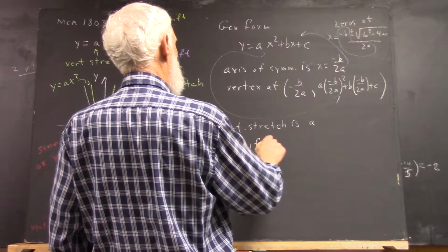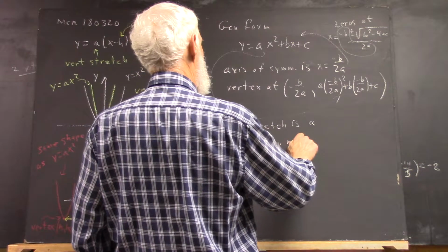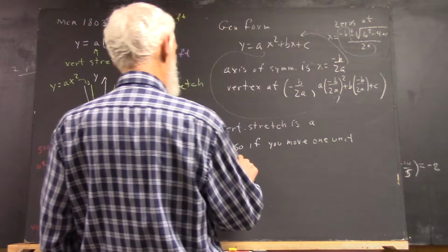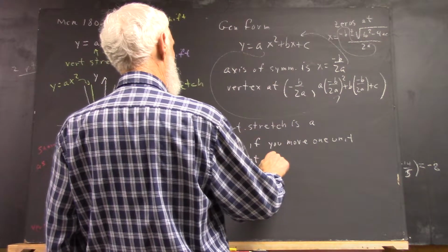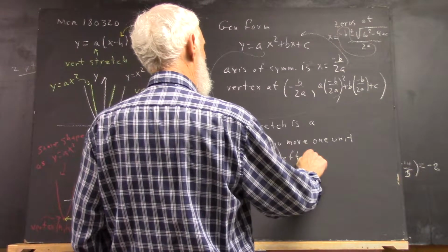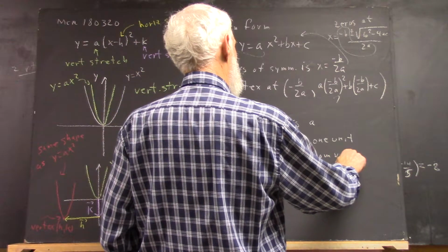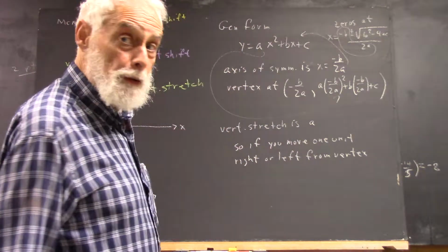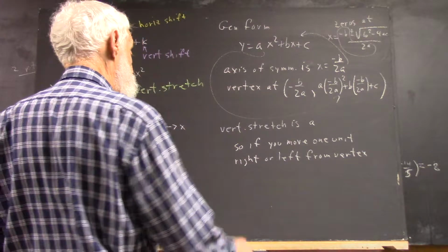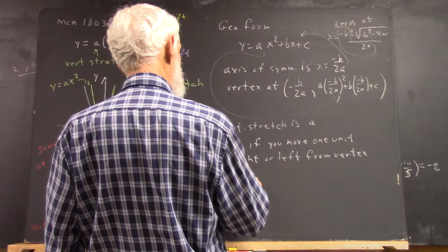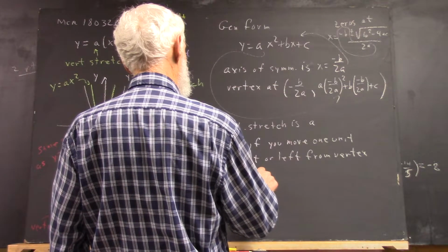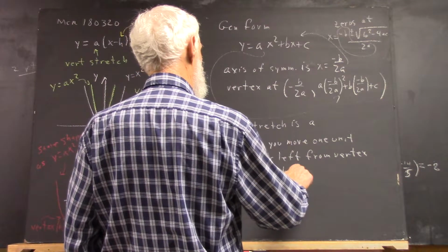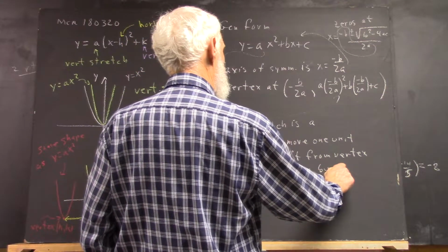So, if you move 1 unit right or left from the vertex, the y-coordinate changes by A.